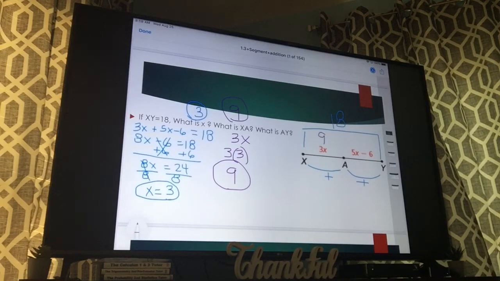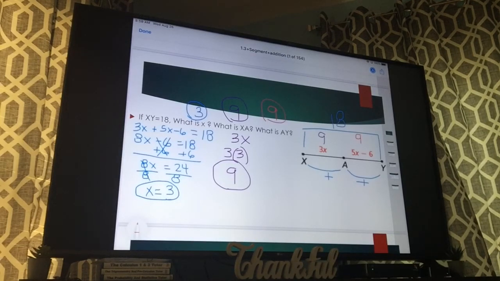Okay, and if we were doing our cheater way, we know the whole segment, and we know one of the littler segments, so we could figure out, without even doing any math, what's the other segment. Okay, so you could do 18 minus 9 is 9. Okay, and I'm just going to run through the motions.